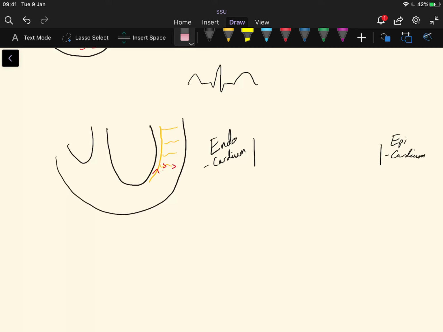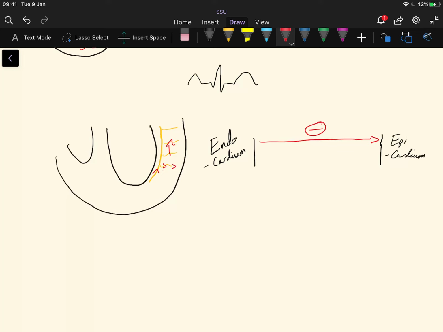Moves like this. Remember the lead is positive and it only sees the outside, so it's going to see negative charge moving from the inside outwards. So the overall signal is moving up the ventricle.